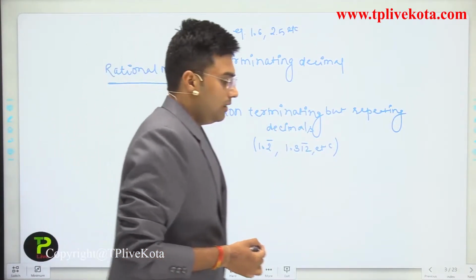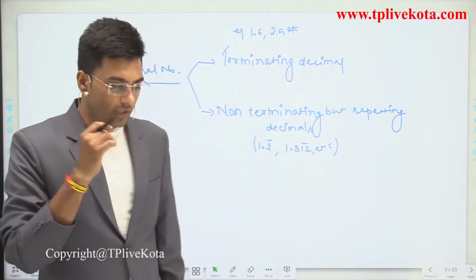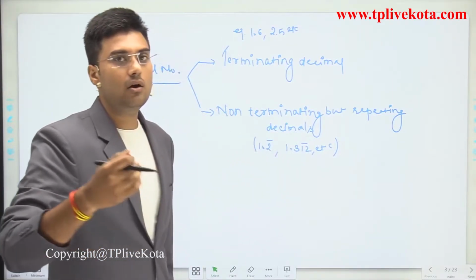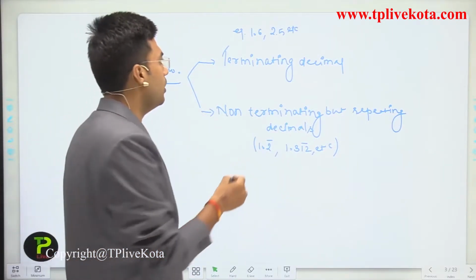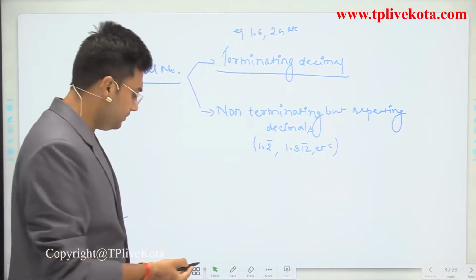So now sometimes questions are asked that without division you have to find whether the number is non-terminating or terminating. So how to find without division whether a number is terminating or non-terminating?